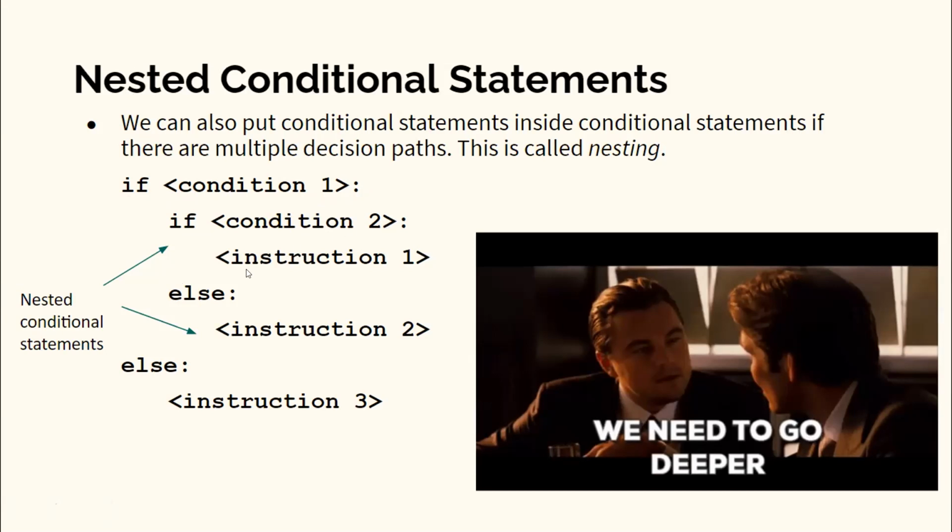If it is true, then instruction 1 will run. Otherwise, instruction 2 will run. And if condition 1 is false, then it'll go all the way down here to this else statement and run instruction 3.